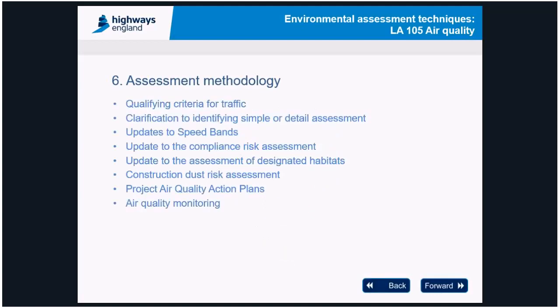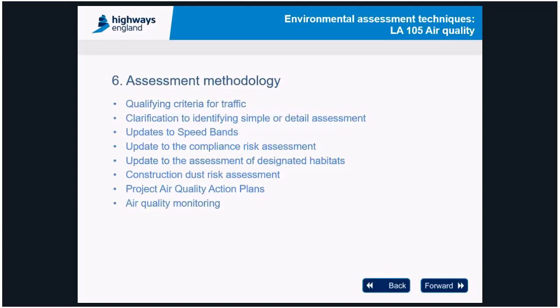So let's talk about what this presentation is going to look at in terms of the assessment methodology. There have been some updates to the qualifying criteria for traffic. We've simplified or provided further guidance on the level of assessment that's required, with updates to speed bands, compliance risk, and designated habitats. We've done some further work around construction dust risk assessments, project air quality action plans, and air quality monitoring.